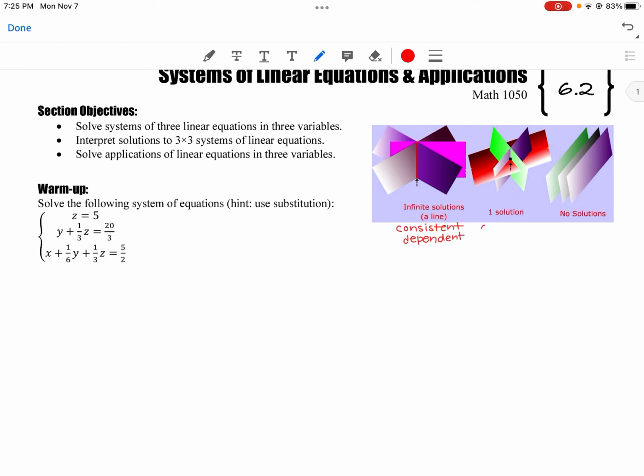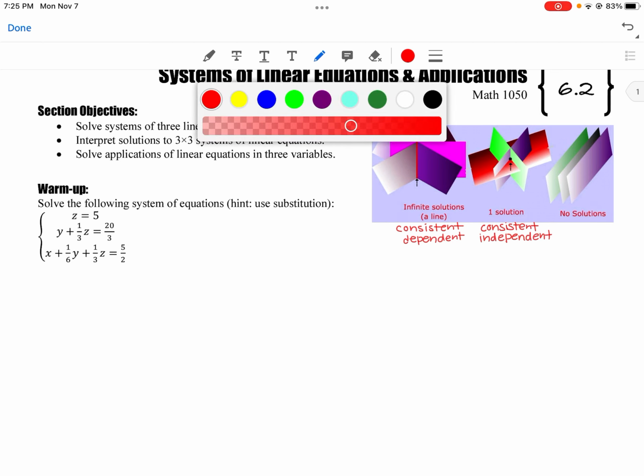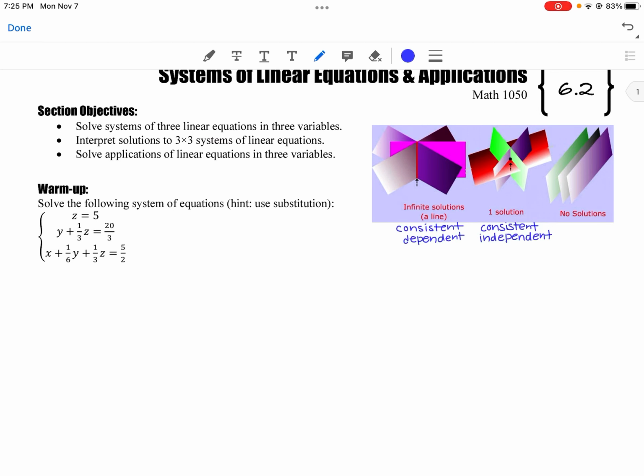One solution is also a consistent system, but they are independent. You can see that as three separate planes where there's only one point where they cross, versus no solutions, which means it's inconsistent. And notice just like the lines, we have parallel planes here.